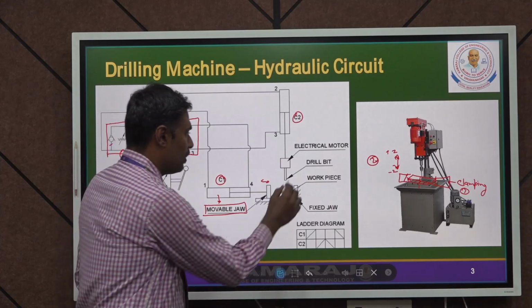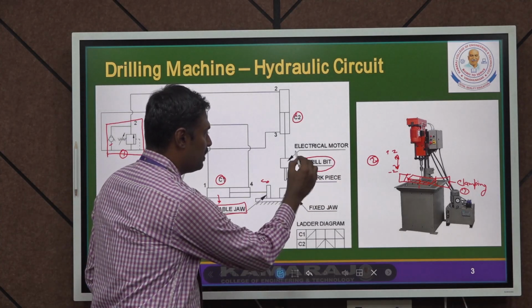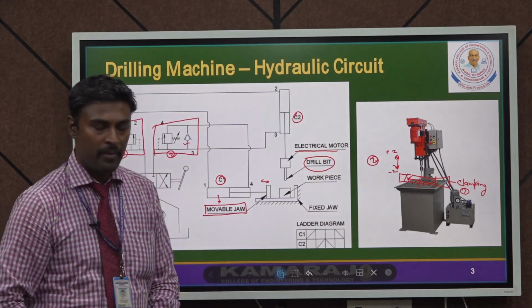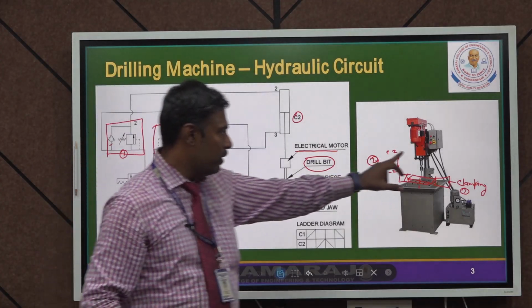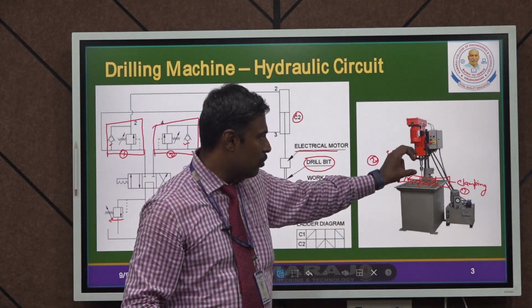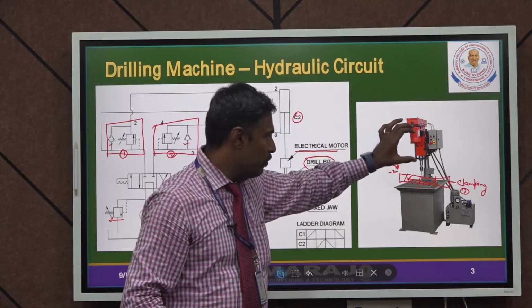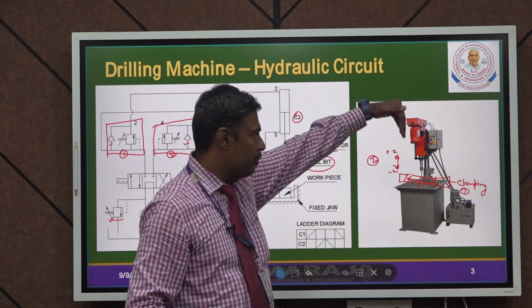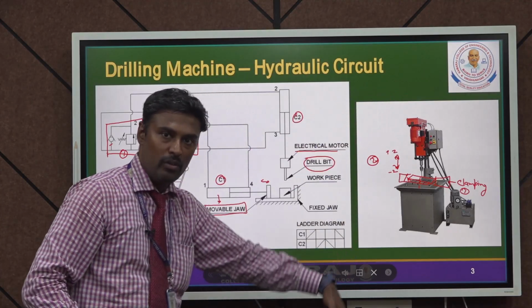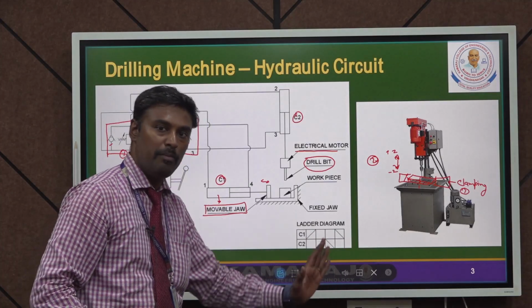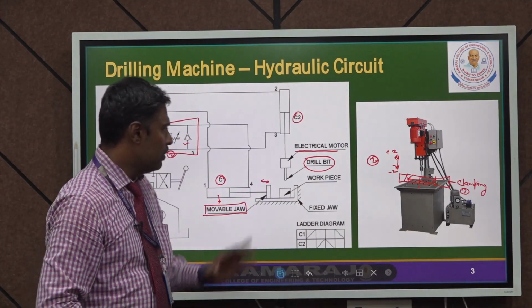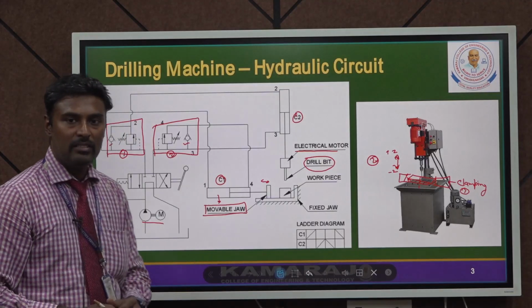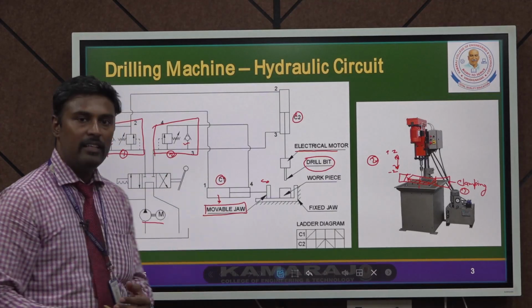On this cylinder 2 we have a drill bit associated with an electrical motor, and we engage this entire electric motor along with the drill bit. If you apply it downwards, the drill bit moves downwards, and after completing the work the drill bit moves upwards. This is the operation of this particular hydraulic drilling machine.